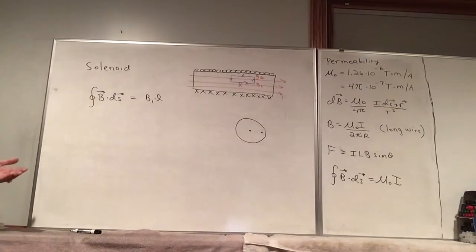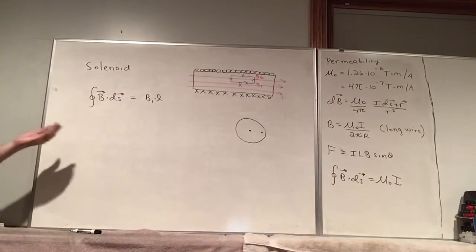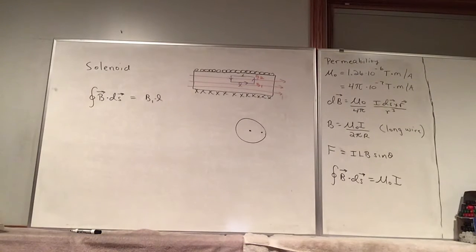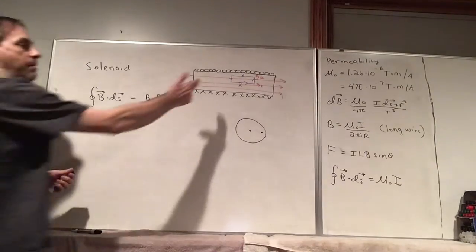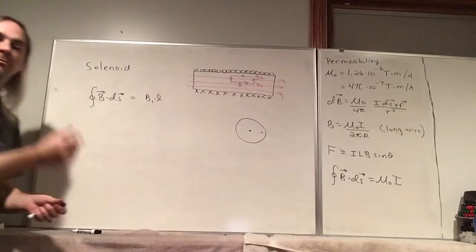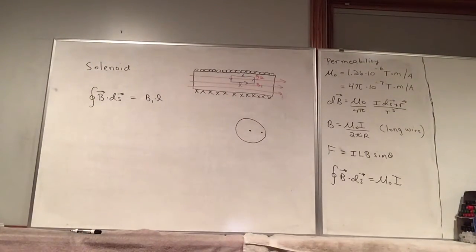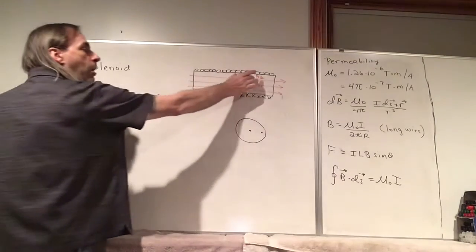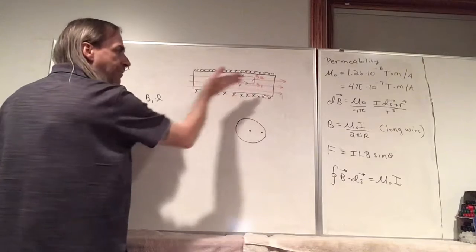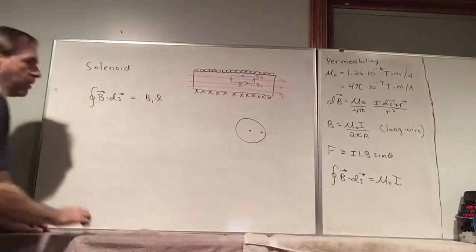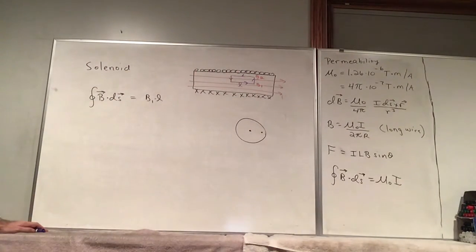The dot product, B dot ds, is going to be just B ds, no vectors. Because the magnetic field is constant along this line segment, we can take it out of the integral. So we just get B1 times L. Then along this upper line, the magnetic field is to the right and the direction that we're integrating is to the left.